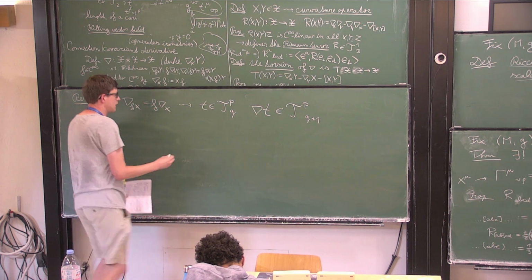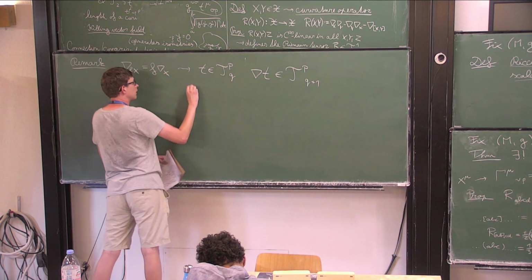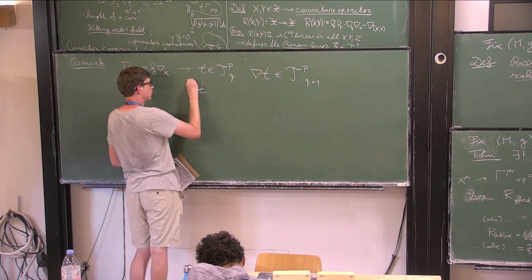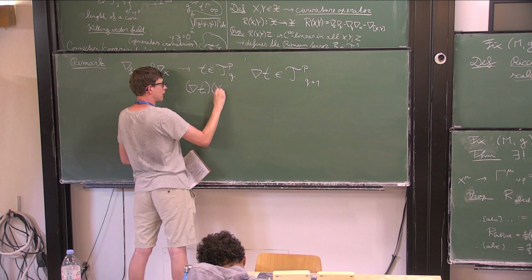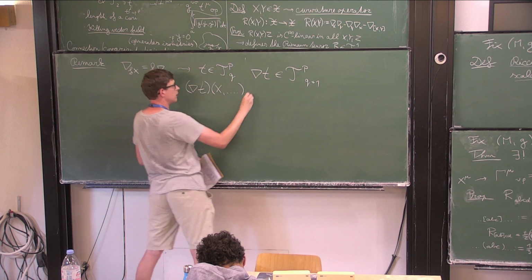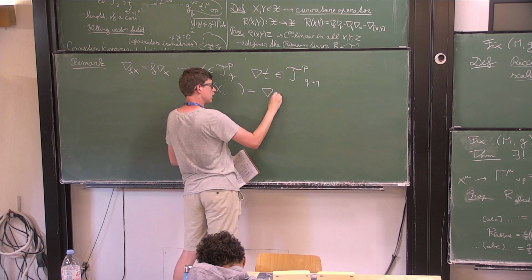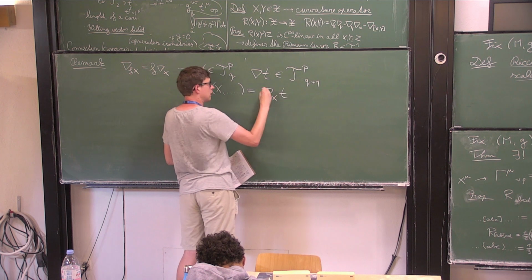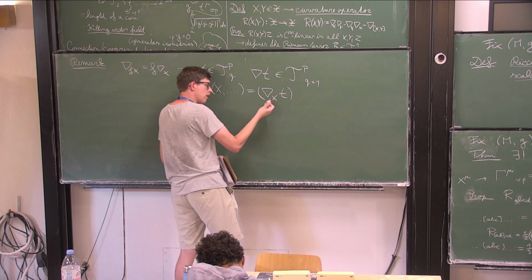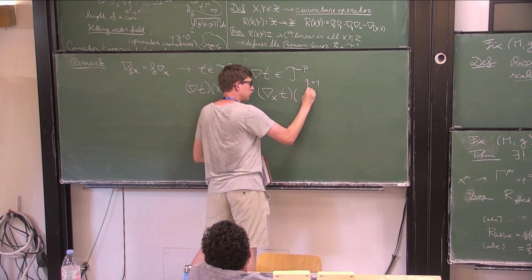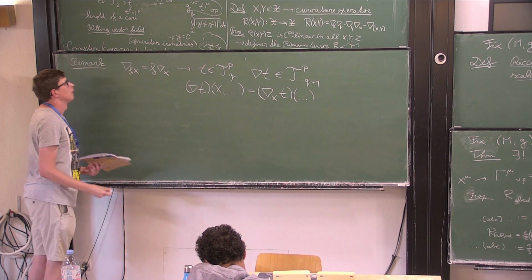If you feed into it a vector and then whatever, this is the same as doing this thing, and then having the resulting tensor, feeding it with whatever was left.